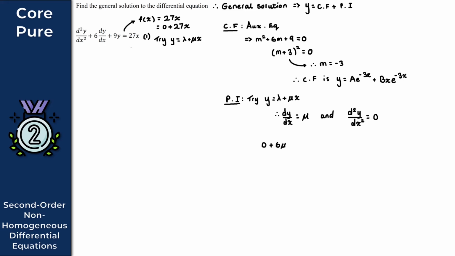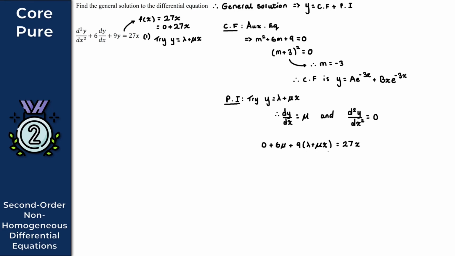And then I've got 9y, so y is lambda plus mu x, so plus 9 lots of lambda plus mu x. All of this is equal to 27x.